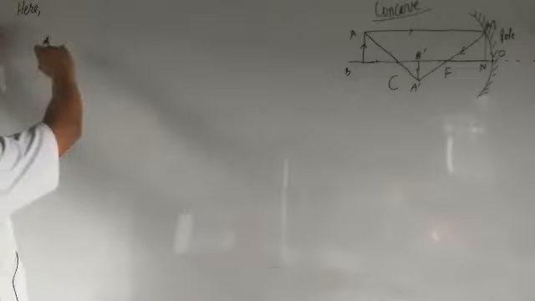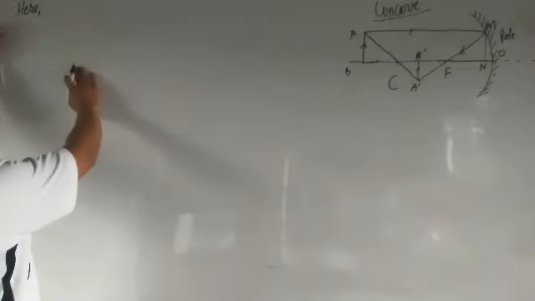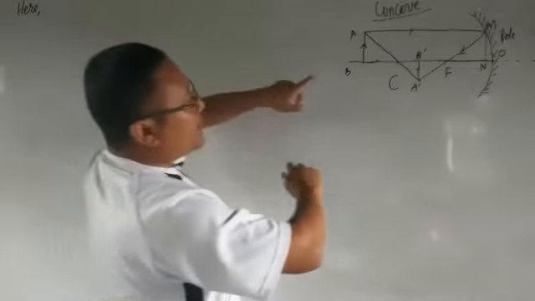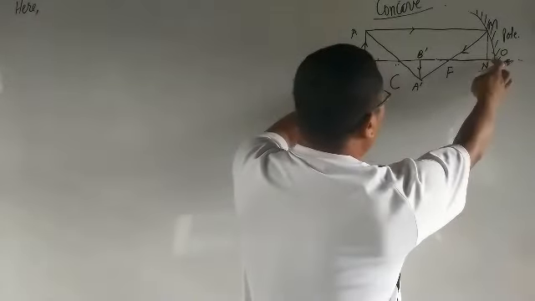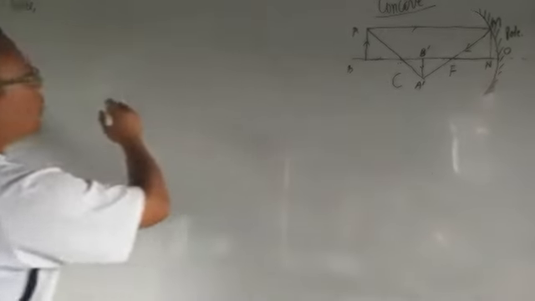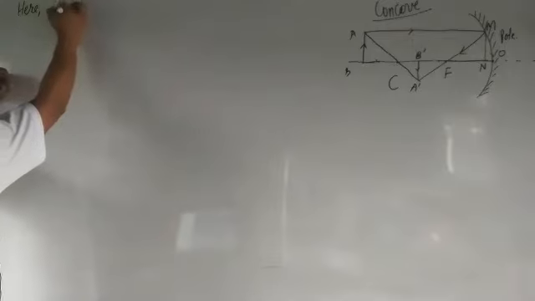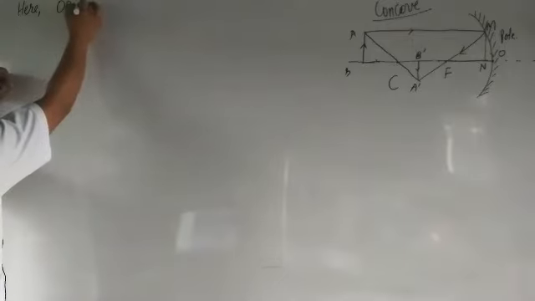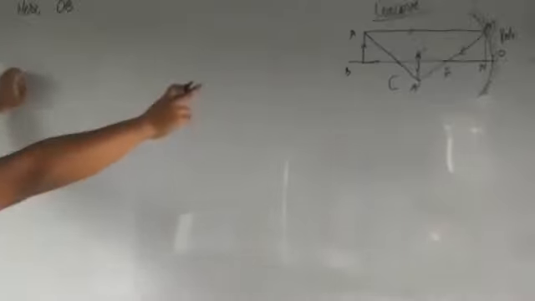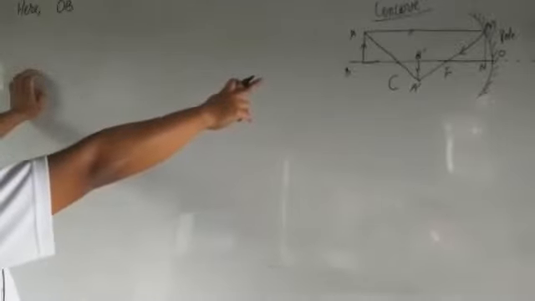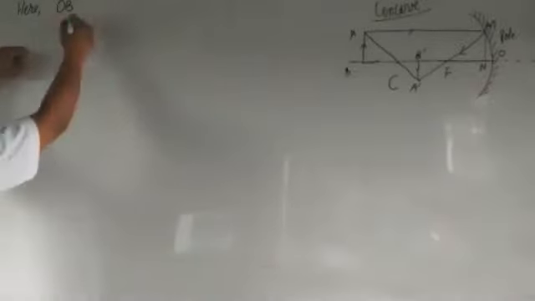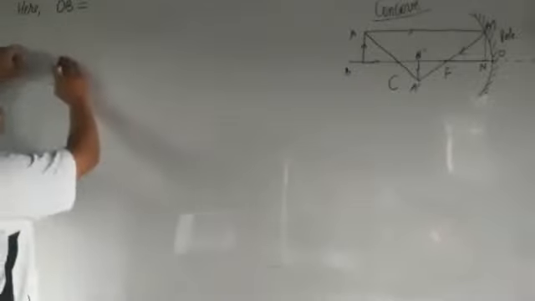So here, let's identify the object distance. So OB. Like I mentioned, all measurements start from the pole. In this case, we're supposing the pole to be O. So OB is the object distance.